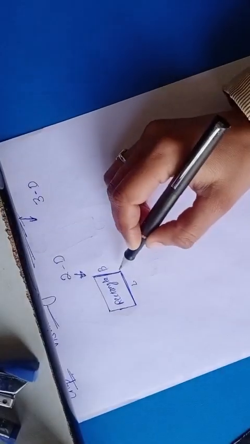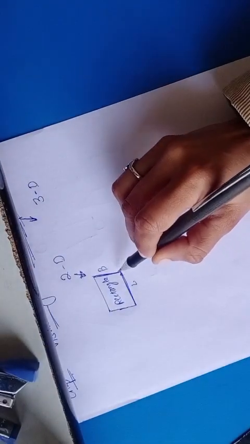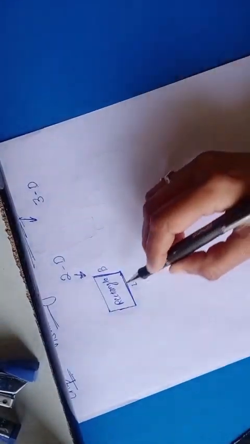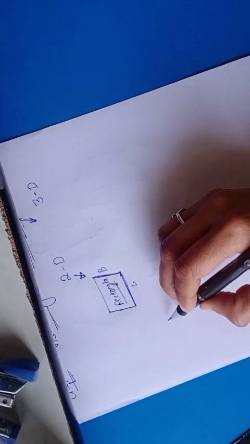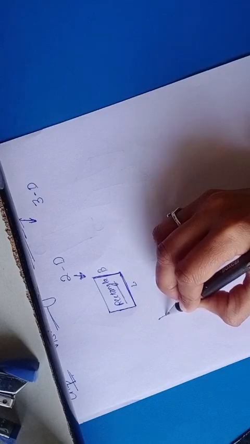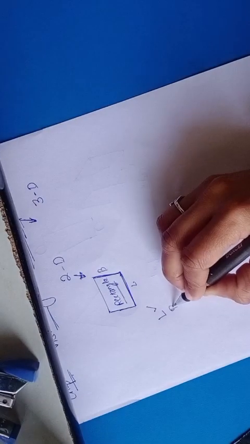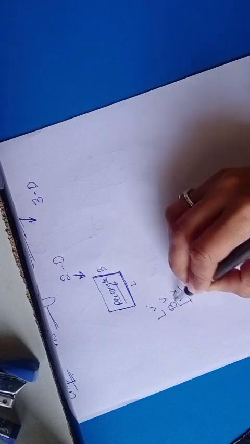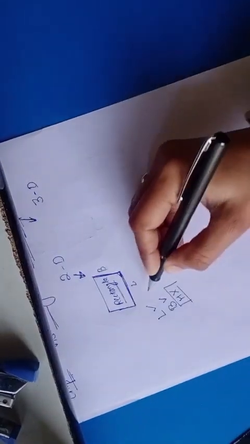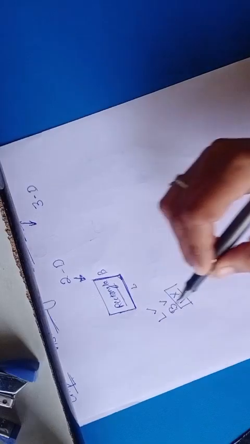Can we say anything about the height of this shape? No, there is no height of this shape. We only have the length and the breadth, but height is not included in this shape. So that's why this is called a 2D shape.